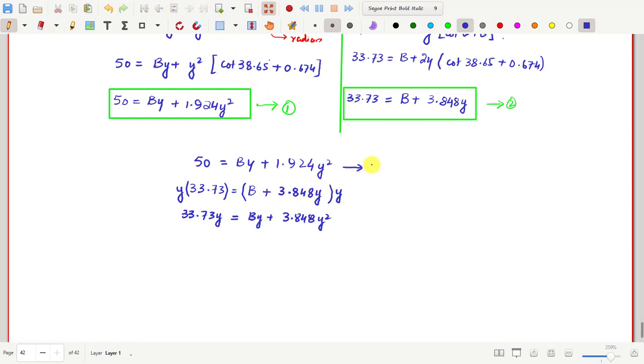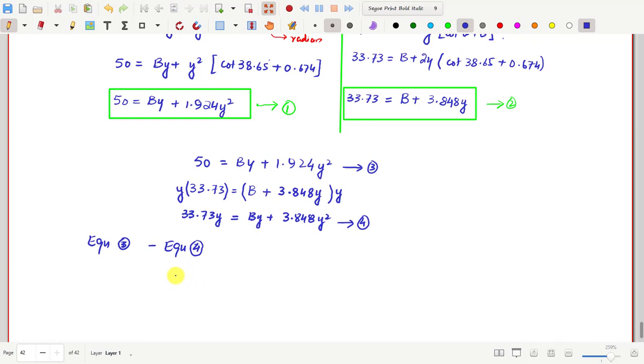This is equation 3 and this is equation number 4. So we will do one thing. We need to subtract equation 3 and equation 4. We need to subtract these two equations.